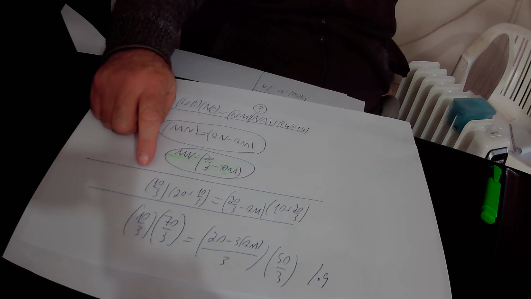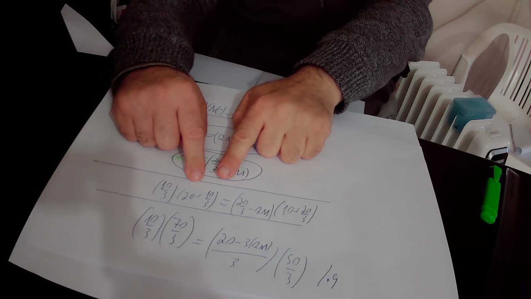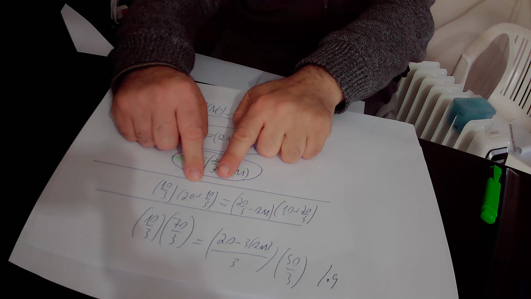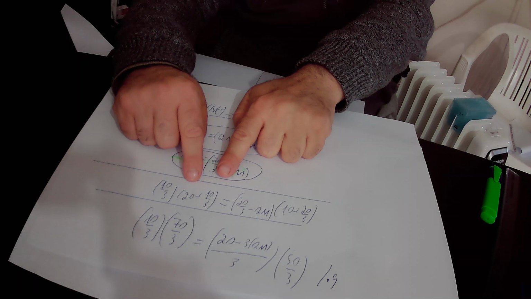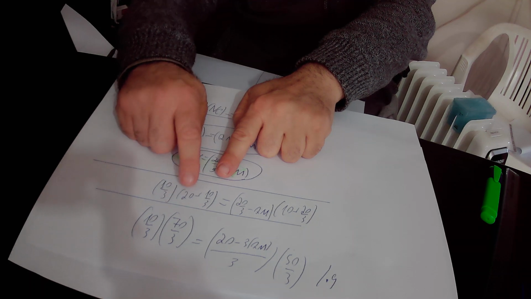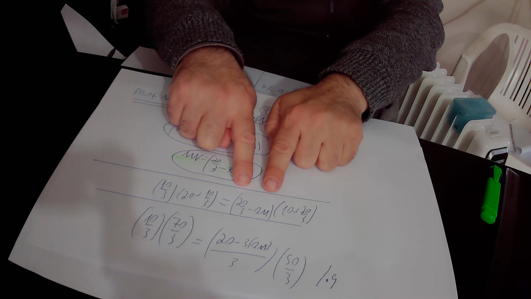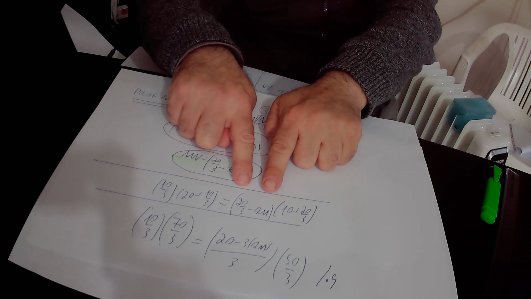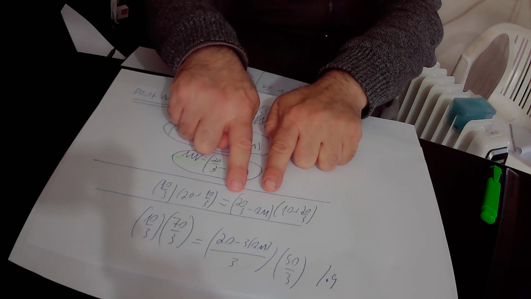So here we have 10 over 3 times 20 plus 10 over 3. We multiplied 20 by 3 and then divided by 3 in order to overcome the factor with 10 over 3. So 20 times 3 is 60 and 60 plus 10 is 70. So in the numerator of this expression, we have 70 divided by 3, and it equals 20 over 3 minus QM. Here we multiplied minus QM by 3 and then divided by 3 in order to overcome the factor with 20 over 3.